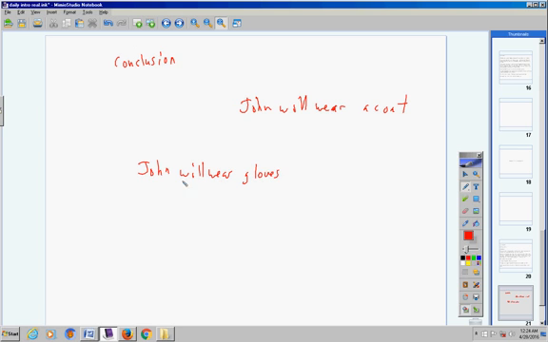That's all you should have put, because I already said if it's cold, then John will wear a coat. If John wears a coat, then he'll wear gloves. And then I said, it's cold outside. So if it's cold, we know he's going to wear a coat. If he's going to wear a coat, we know he's going to wear gloves. So you would put, John will wear gloves. That's the law of syllogism. Okay? I hope that makes sense. Just kind of going over that so you can find your mistakes. Alright, moving on.